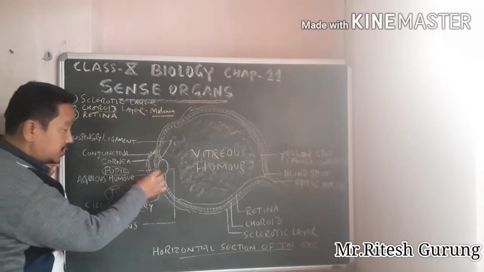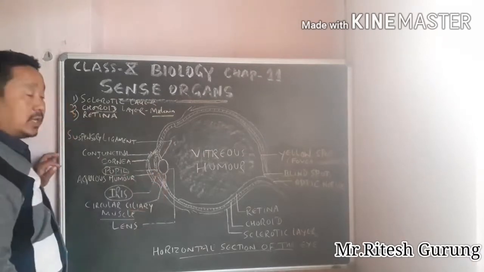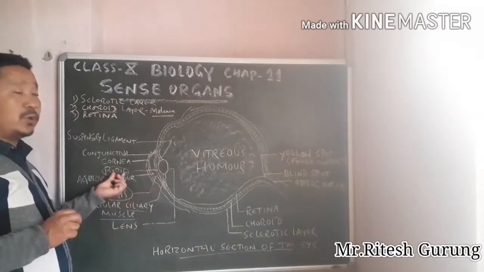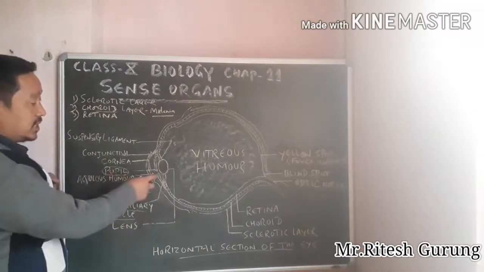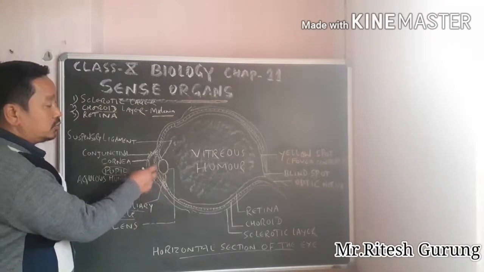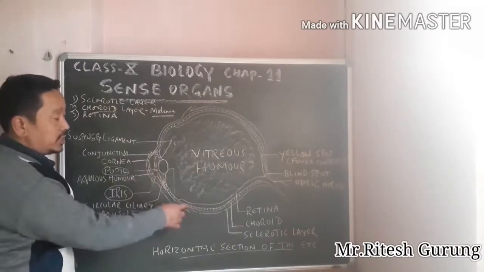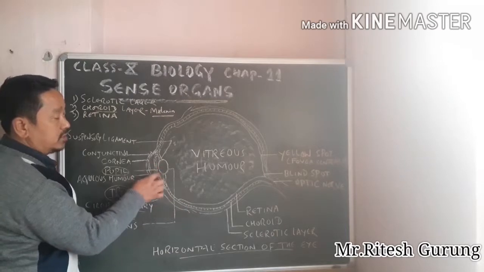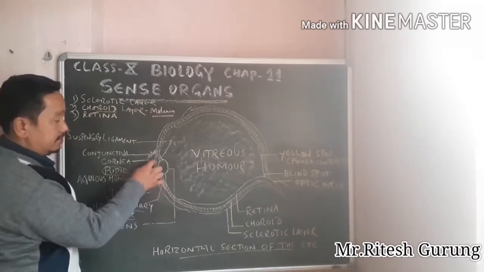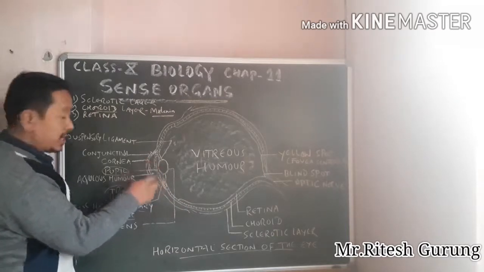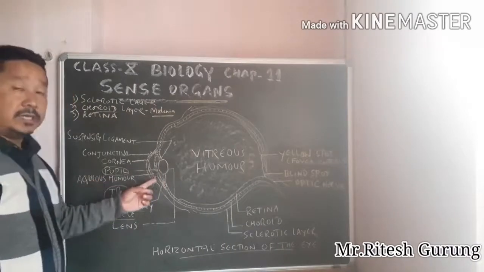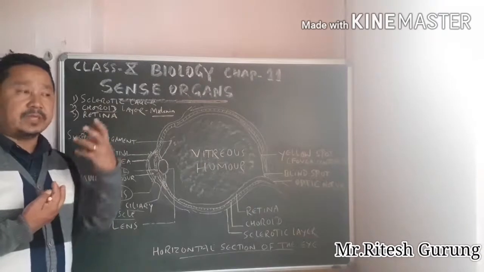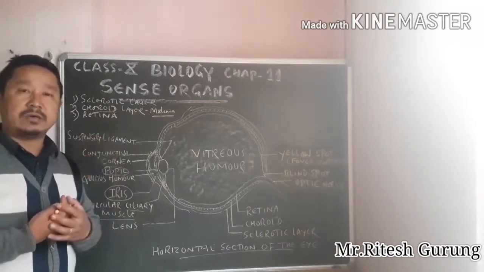Okay, there is the small pupil, a round aperture there in the center called the pupil, which is in between these two ends of this choroid layer called the iris. And in this iris, you see the different colors of the eye, like brown, black, dark.